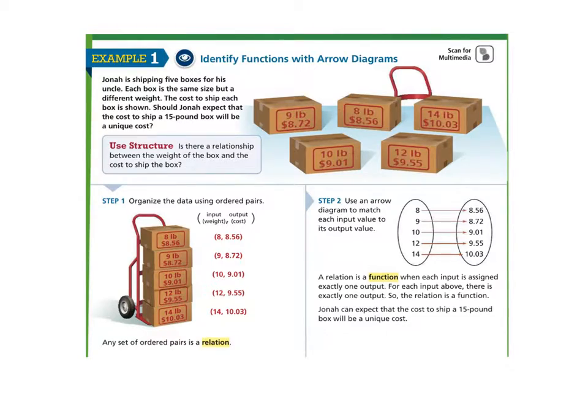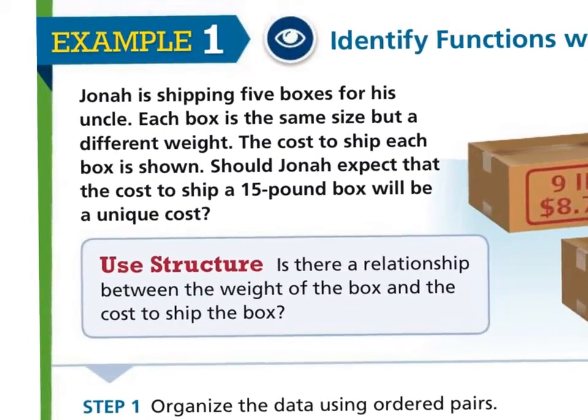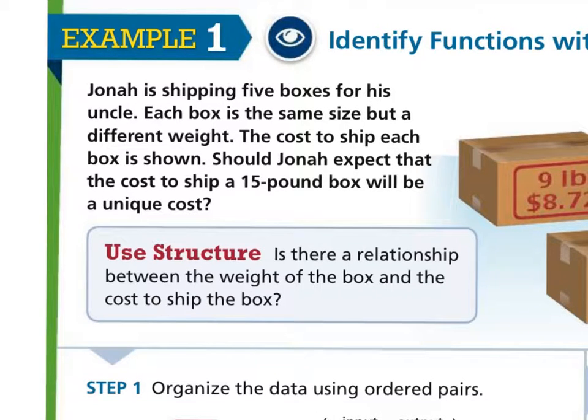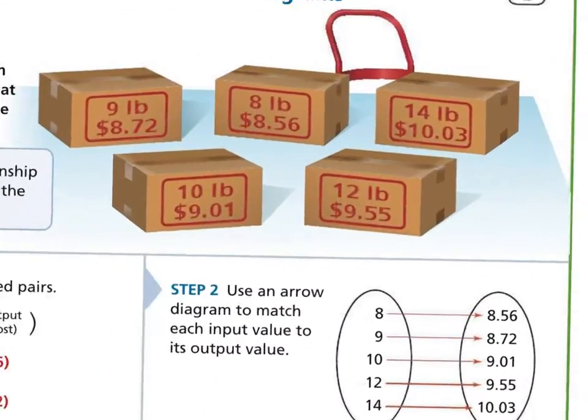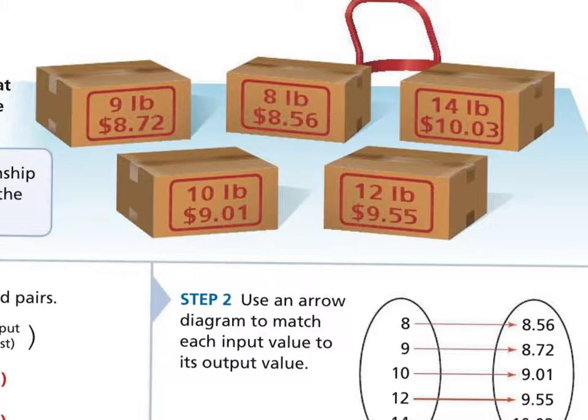So look at example 1. Jonah is shipping 5 boxes for his uncle. Each box is the same size but a different weight. The cost to ship each box is shown. Should Jonah expect that the cost to ship a 15-pound box will be a unique cost? So if you look at all these different weights, as a generalization, if we start with the lowest weight here, 8 pounds is $8.56.